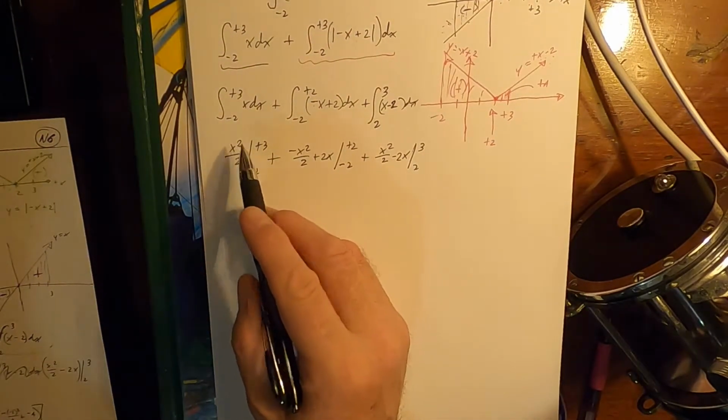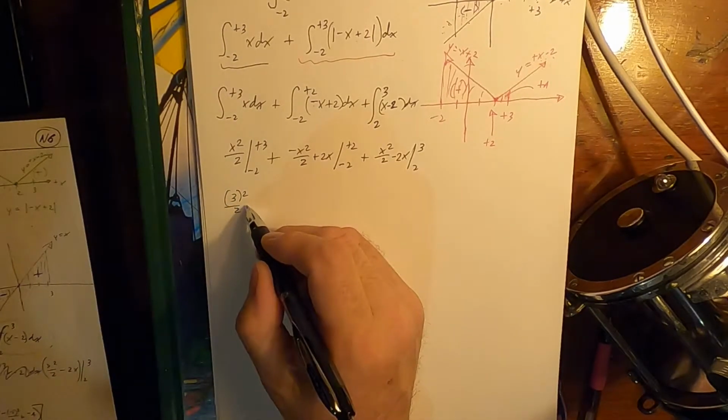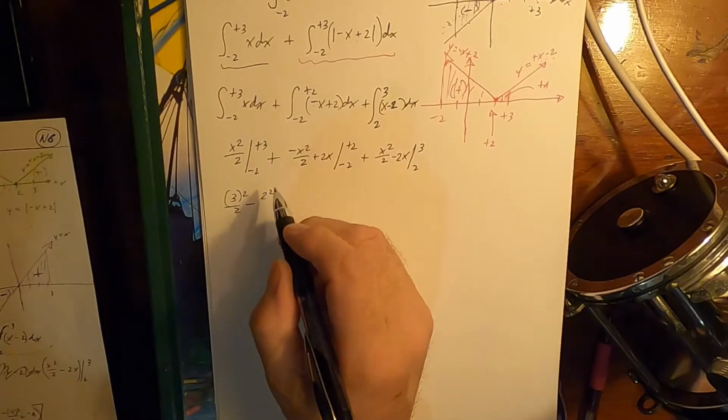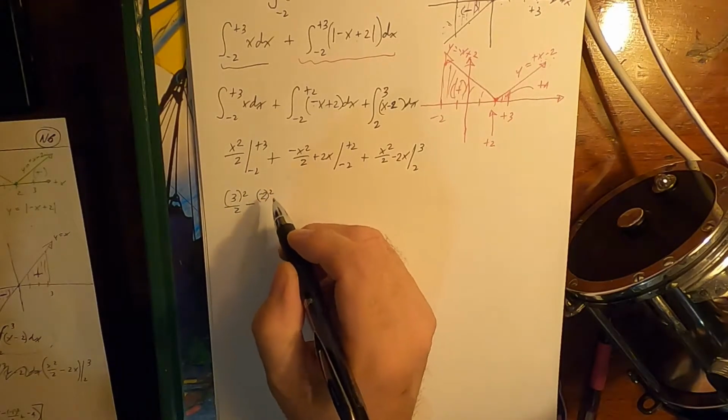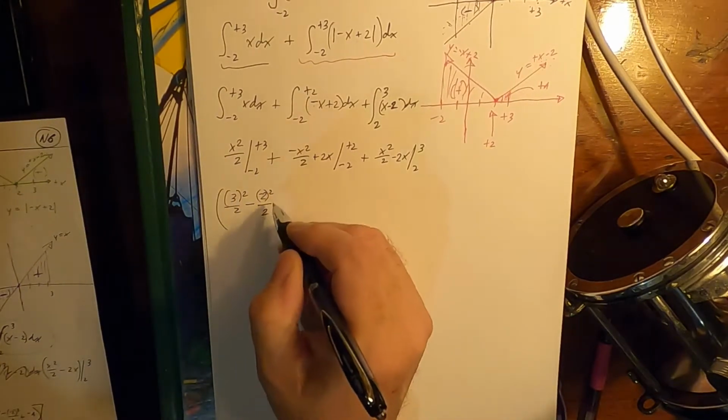So we would have the upper limit, which would be 3 squared over 2 minus 2 squared, minus and minus 2 squared, okay, over 2.